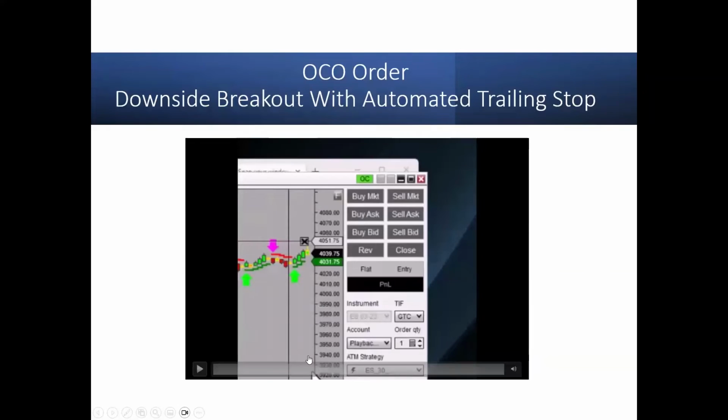OCO just stands for one cancels the other. So you set the chart up, you set the orders up as a buy stop above consolidation and a sell stop below consolidation, and let the market break up or down out of that consolidation.